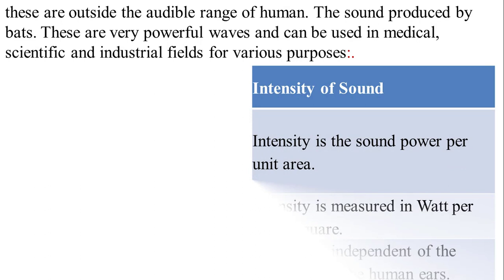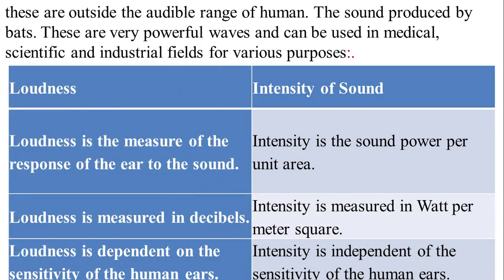Now we will discuss the difference between loudness and intensity. Write the difference between loudness and intensity. Loudness is a measure of the response of the ear to sound, and intensity is the sound power per unit area.